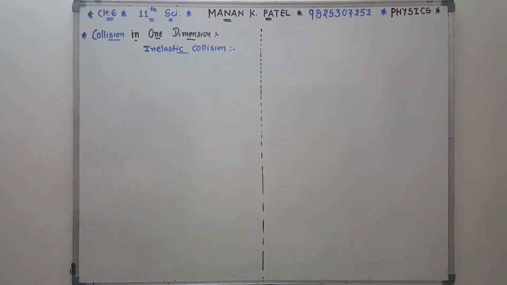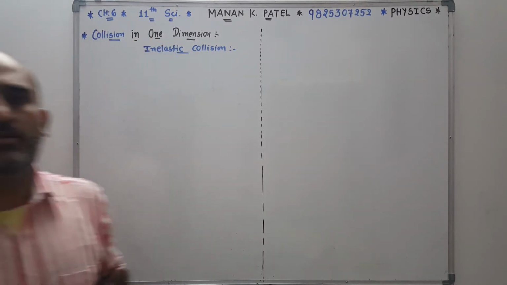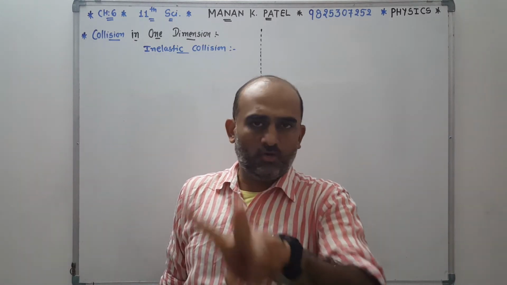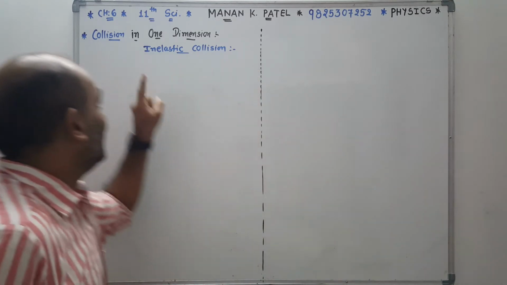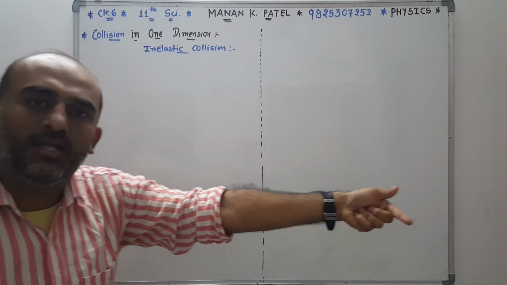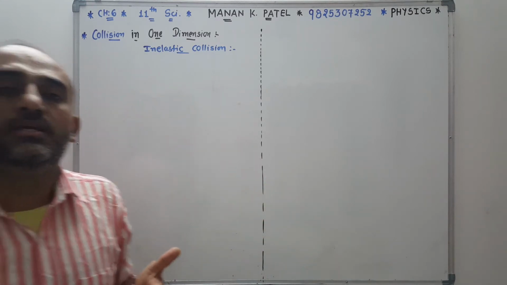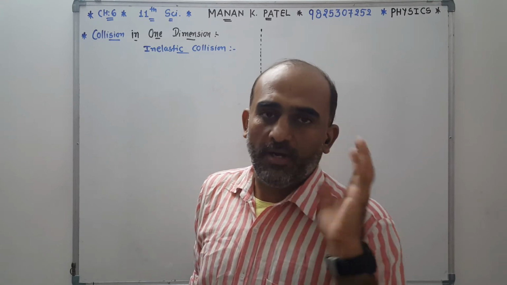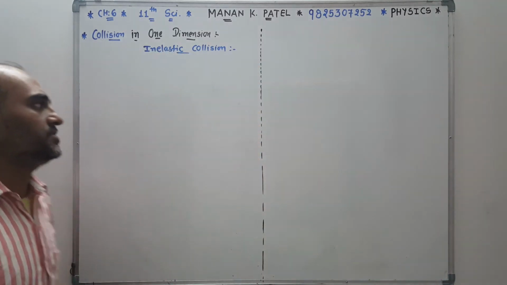Now the next condition is collision in 1 dimension. Already I told you there are two conditions, 1 dimension and 2 dimensions. For one dimension there are two conditions, inelastic, and then I will explain the elastic condition. What is inelastic? It depends on the conservation law of momentum, but not on kinetic energy conservation.